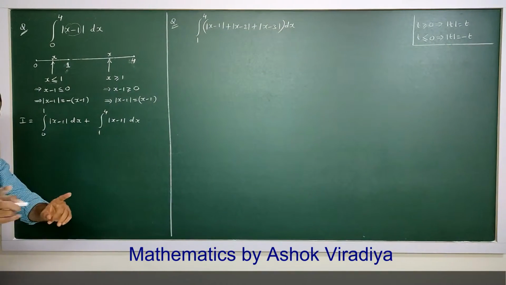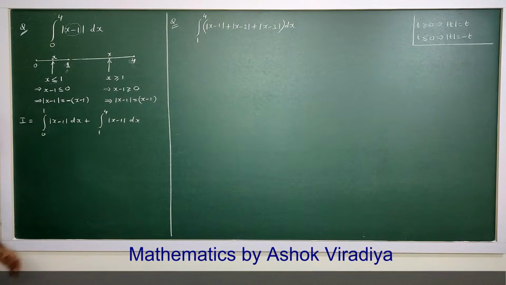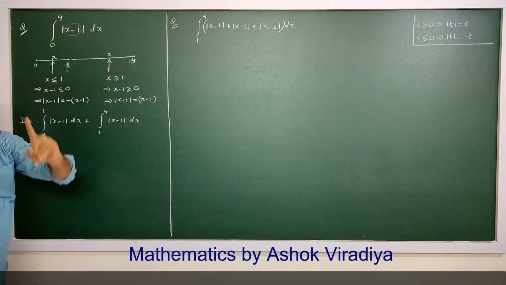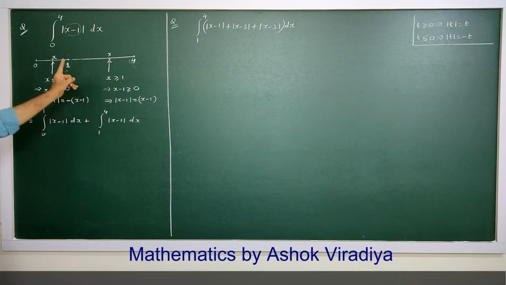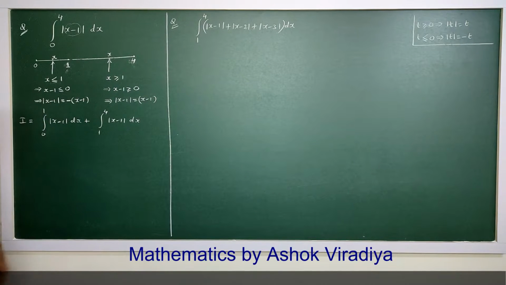In short, divide the interval 0 to 4 in parts. At which number do we take the parts? A number at which the function inside modulus has value 0. So from 1 separate the intervals 0 to 1 and 1 to 4.